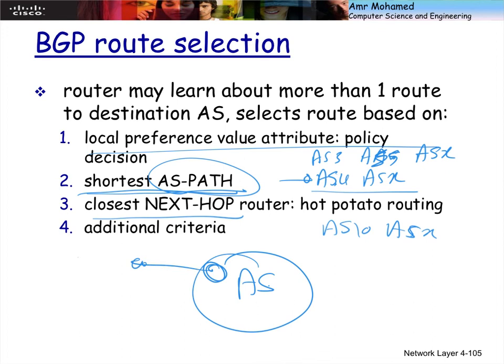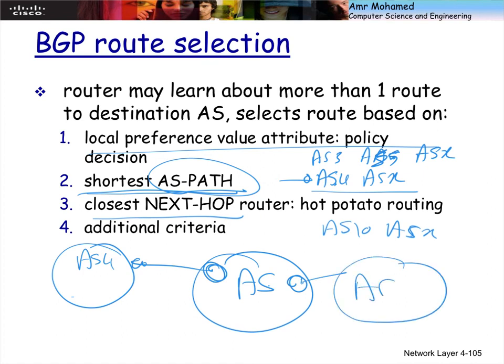This is the gateway that gets me to AS4. This is the gateway that gets me to AS10. Both of them allow me to reach the same destination, right? So if the AS path is the same in terms of cost.